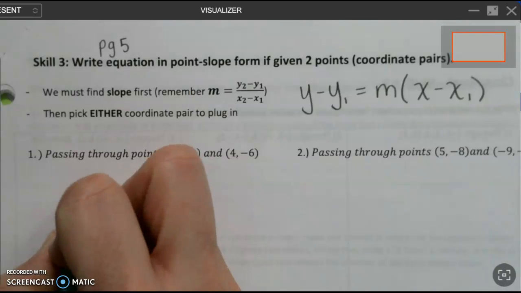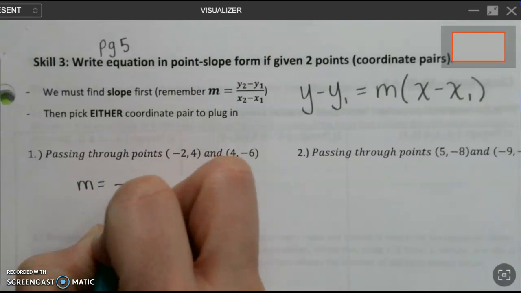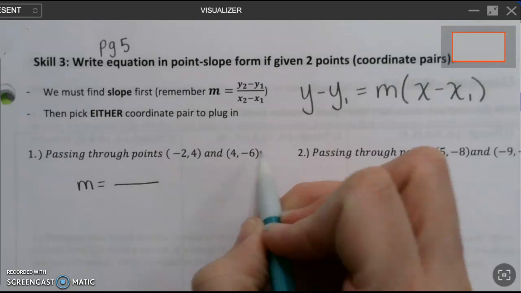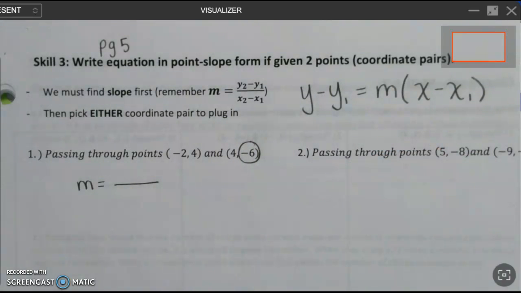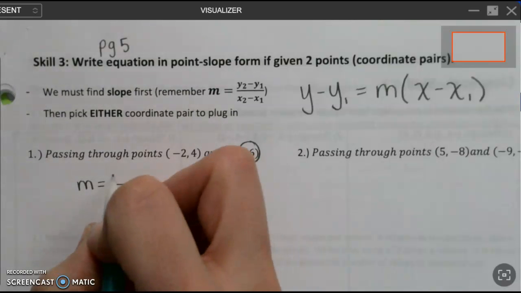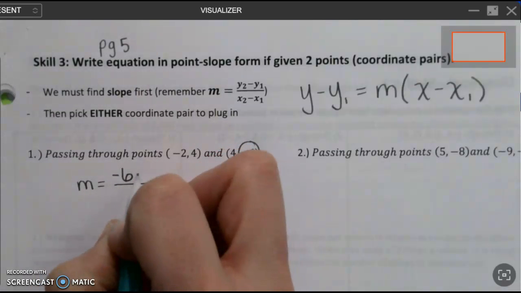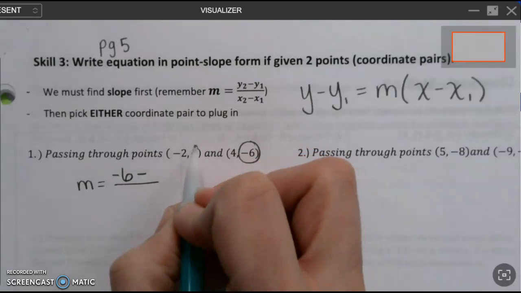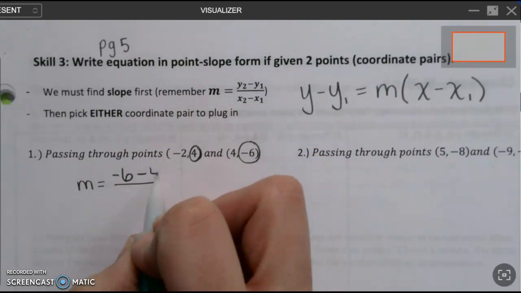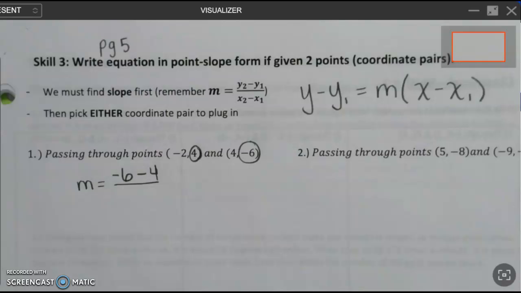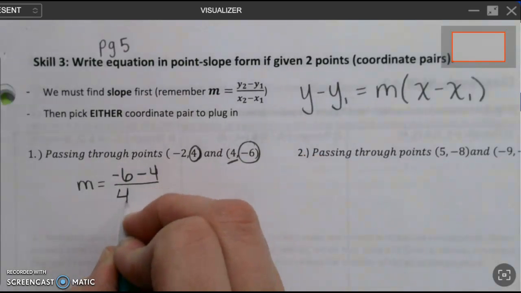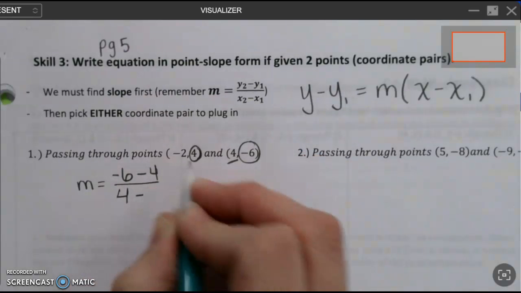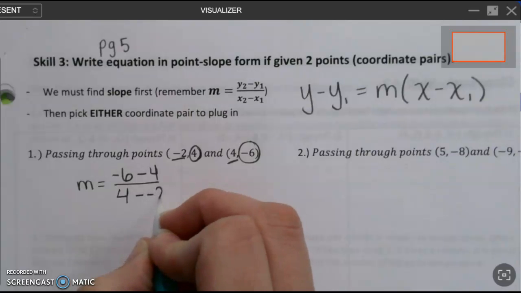When you do slope, we're going to start on this last number here. -6 minus 4, and then 4 on the bottom, minus -2.